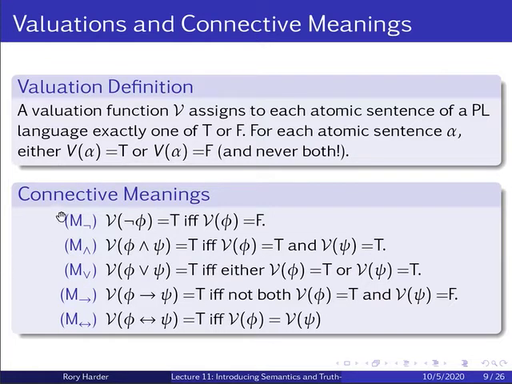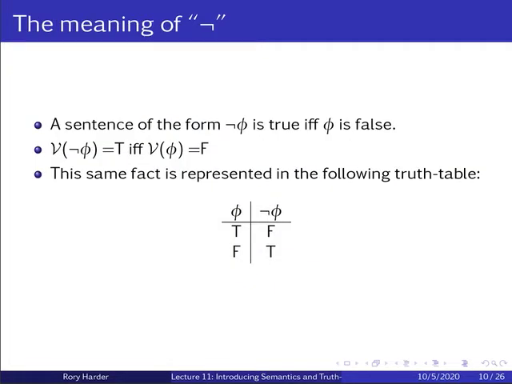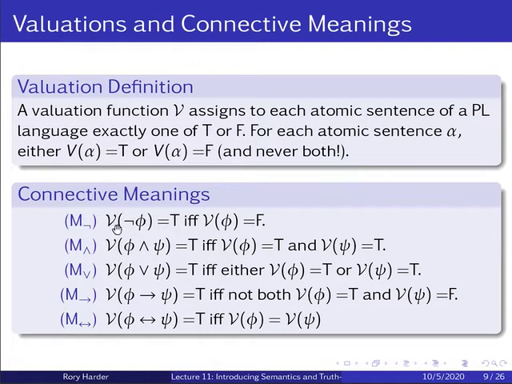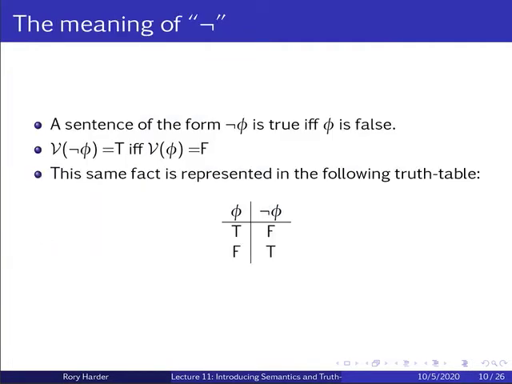So now let me go through these meanings for the connectives and hopefully explain a bit more clearly what they're saying. We begin with negation. When I say that the valuation of not phi is true just in case the valuation of phi is false, a more intuitive way of putting that is that a sentence of the form not phi is true just in case phi is false.